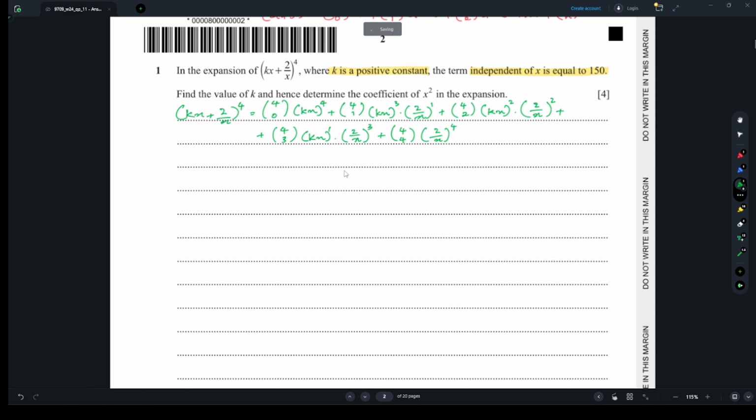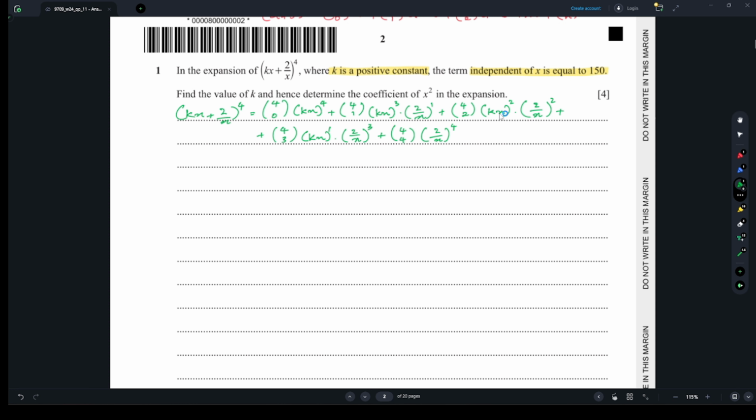Actually, you don't need to write all of these terms, because when you write them, you can identify which term is independent of x. The first term is not independent of x, because we have x to the power 4. For the second term, we have x cubed times 1 over x, so we have x squared.